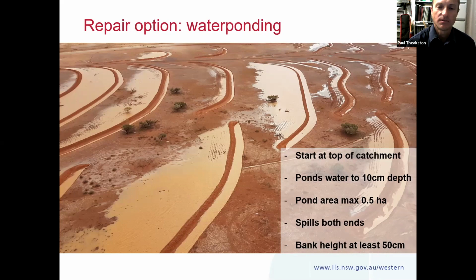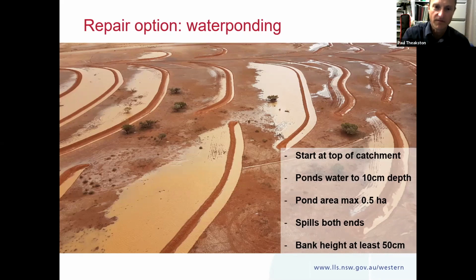So you don't want it to be too big. As you can see, the ponds spill out both ends. So the spill points are very important to sort of locate. You don't want them to be located next to an area where it'll compress the flow, the spilling, to create more energy.